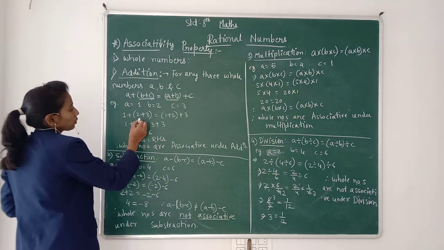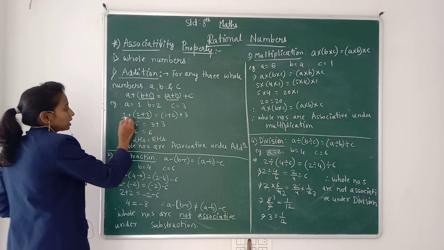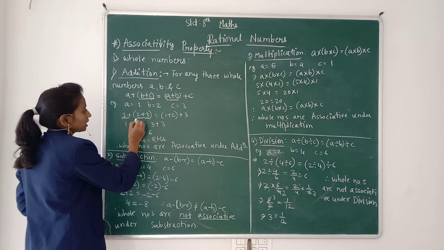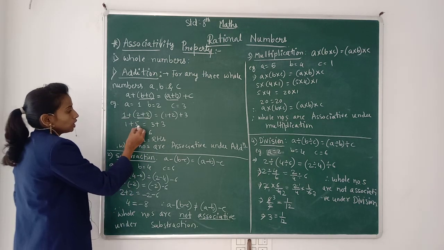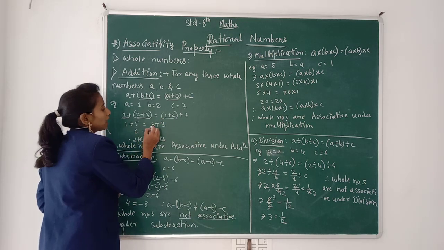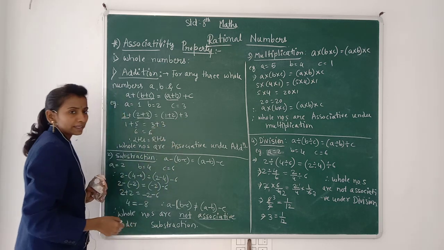First of all we have to solve the bracket and keep the other numbers as they are. So keep 1 as it is, plus in the bracket 2 plus 3 becomes 5, is equal to, in the bracket 1 plus 2 becomes 3, and outside plus 3 we keep as it is.